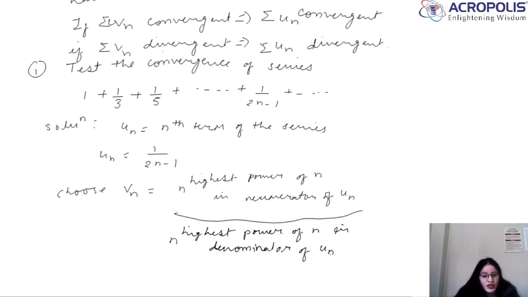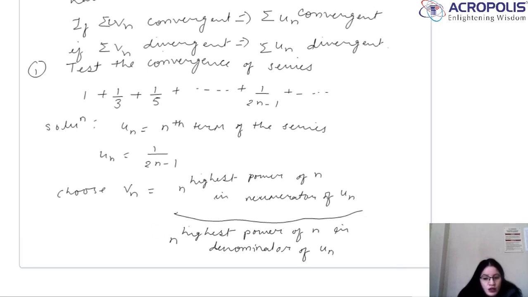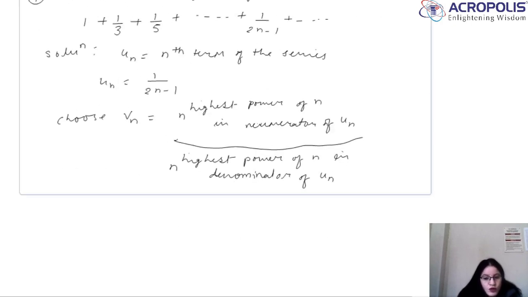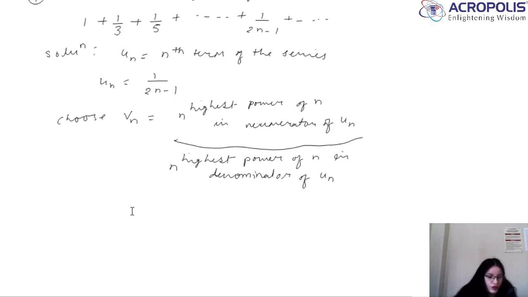In our example, the highest power of n in the numerator of un is 0 and in the denominator of un is 1. So vn is equal to 1 by n.